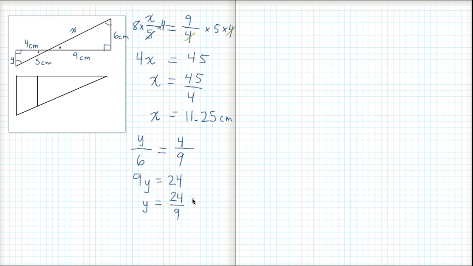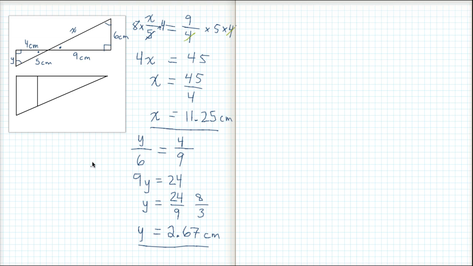So 24 divided by 3 is 8, and 9 divided by 3 is 3, and 8 divided by 3 is equal to 2 2/3, so I get 2.67, rounding off the repeating decimal to 2 decimal places. Okay, so y is equal to 2.67, and x is equal to 11.25, and there I've solved all sides of the triangle.